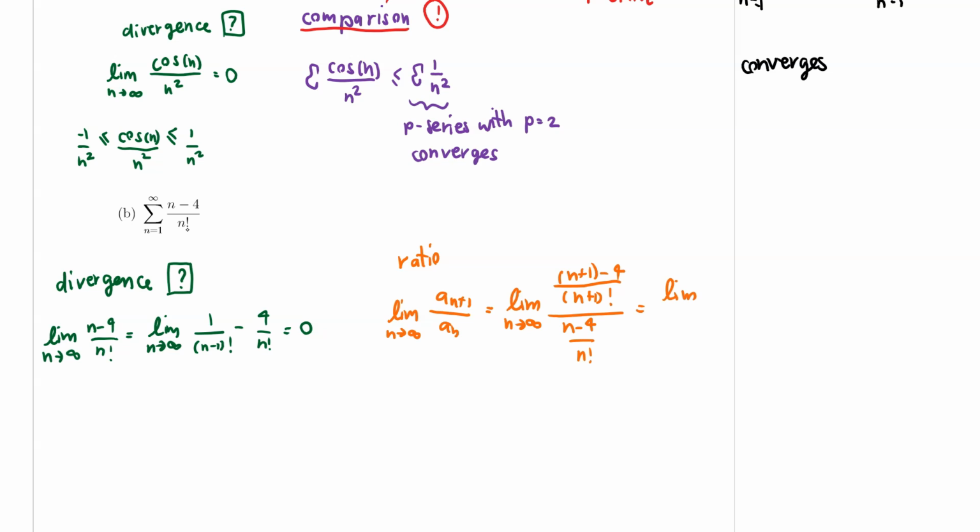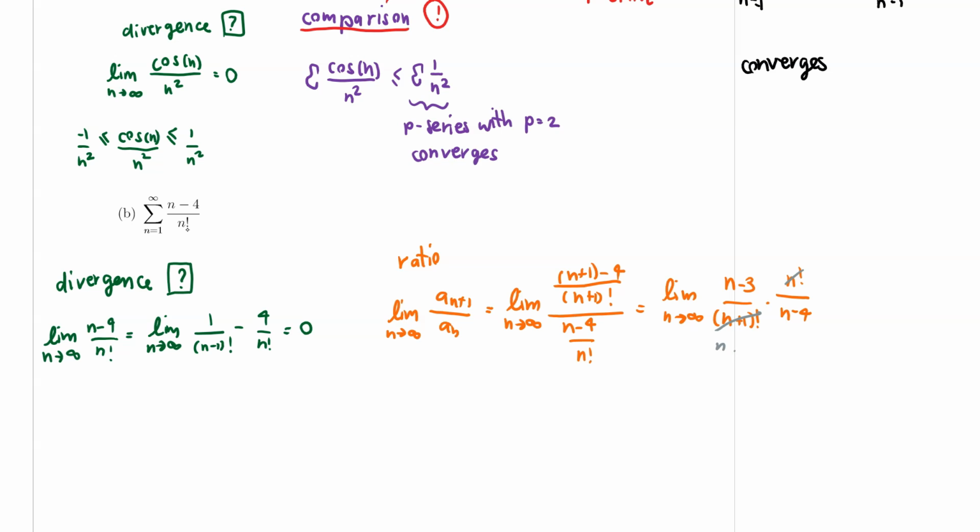Now then, I can work this out a little bit. It's going to be the limit when n goes to infinity of (n - 3) over (n + 1) factorial times n factorial over (n - 4). Things then get cancelled out a little bit.